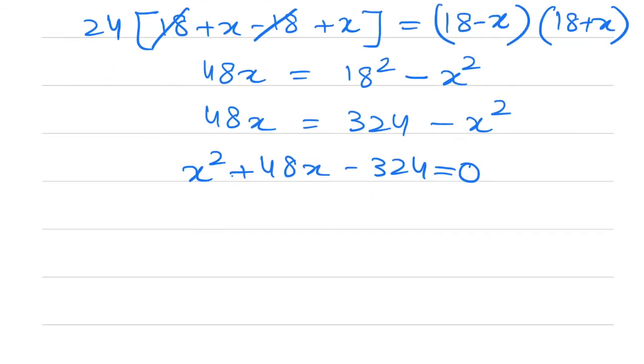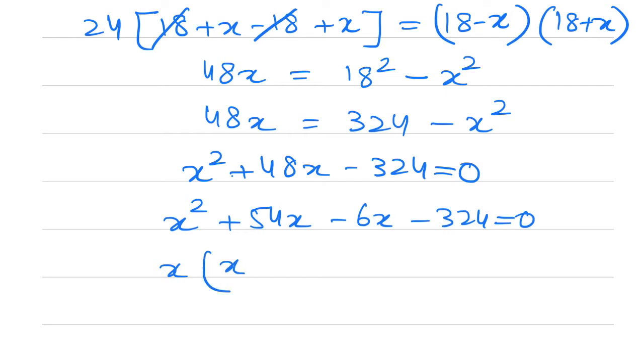We get a quadratic equation, and we need to split the middle term in such a way that the sum of the two numbers should be 48 and the product should be minus 324. So I can take 54 and 6. So x square plus 54x minus 6x minus 324 is equal to 0. x is common, x plus 54 minus 6 is common, and x plus 54 is equal to 0.